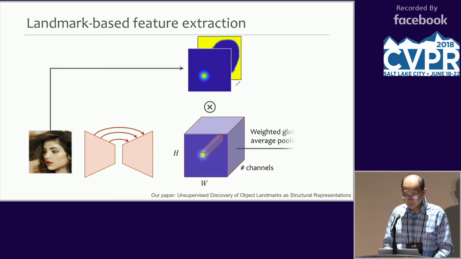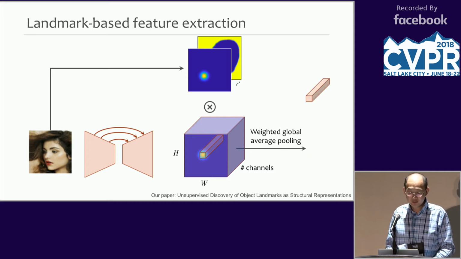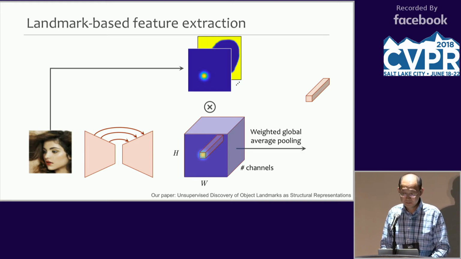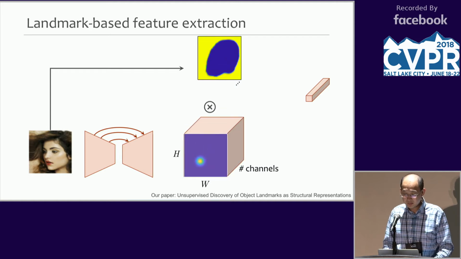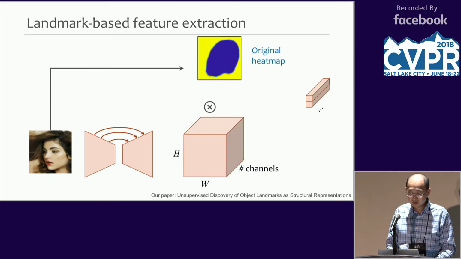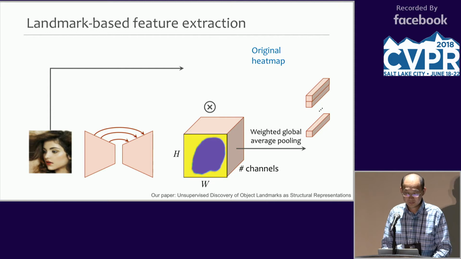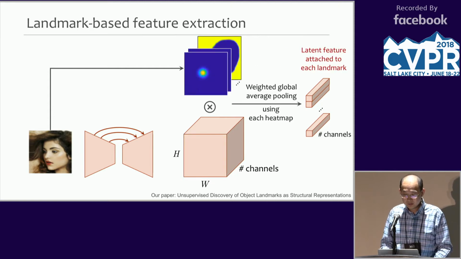As an illustration, we pixel-wisely multiply the Gaussian heat map of the first landmark with all the channels of the feature map. We reduce the reweighted map to a single feature vector by spatial summation. We do the same thing to the other landmarks, and also similarly for the background. Putting things together, we obtain a stack of local feature vectors for the landmarks.